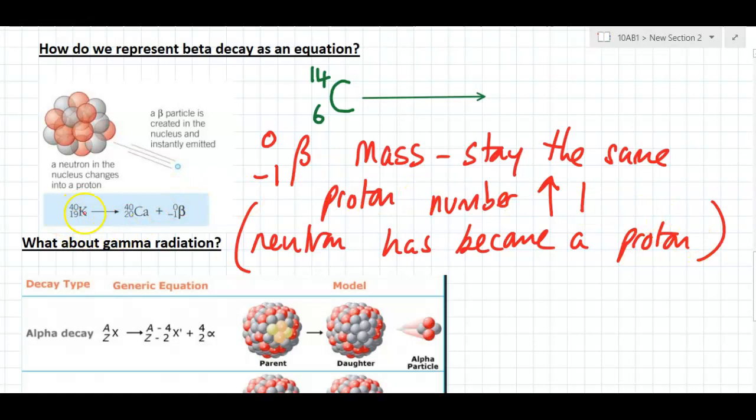And you can see that here we've got an isotope of potassium, potassium-40, breaking up by giving out beta radiation. The mass number has remained as 40, but the proton number has gone up by 1. Right, you can say 20 plus -1 makes 19. All right, so same example here, carbon-14, which we've already talked about, is a beta emitter.